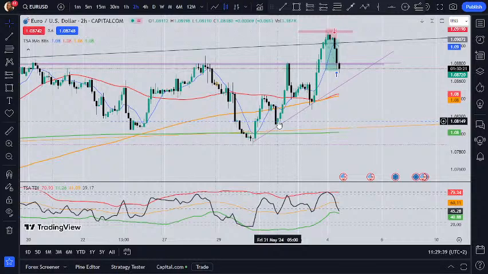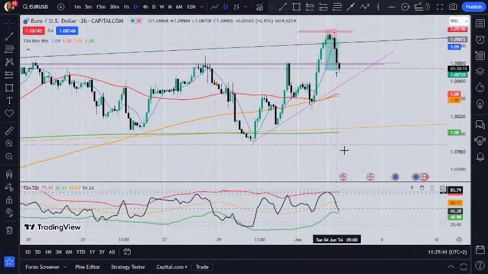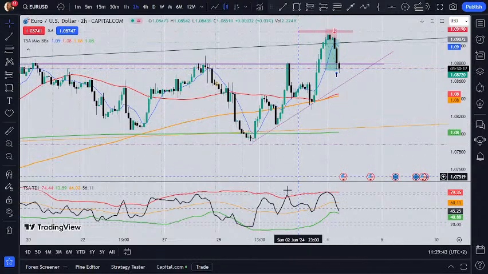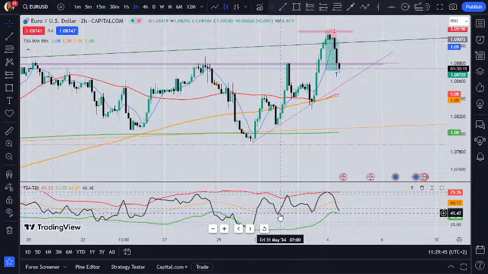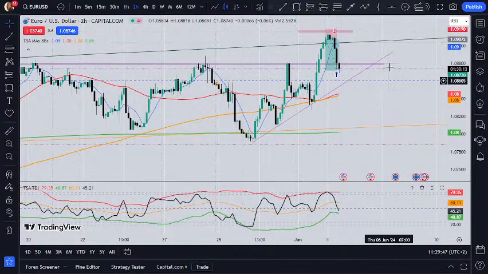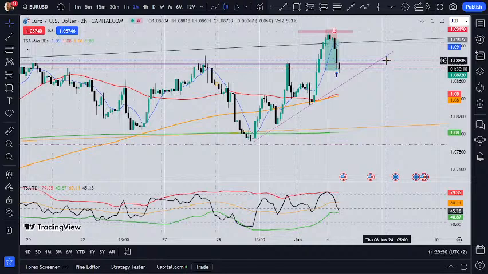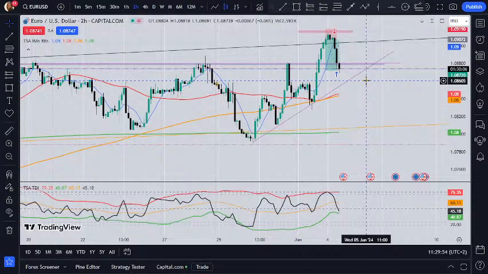Clearly this level is above this level. So the hidden divergence means that price will most likely turn and start going to the upside. So I'm just looking out for that.